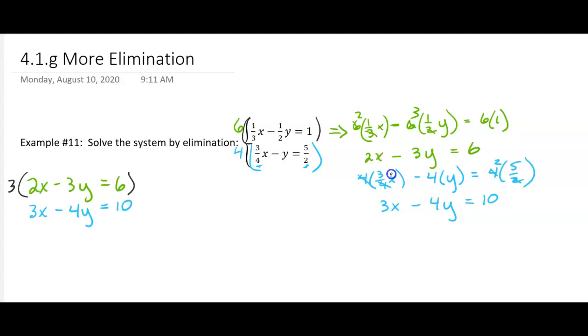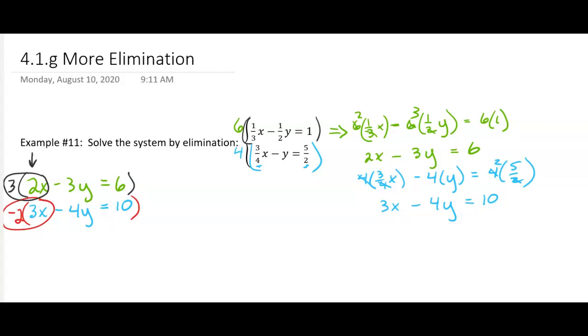So in this column, what number do both 2 and 3 go into? 6, right? So I'm trying to get them to be a 6x. And the bottom one, I'm going to need to be a negative 6x. So I'm going to multiply by a negative 2. So right here, I'm going to get a negative 6x, and then up here, a positive 6x, right?